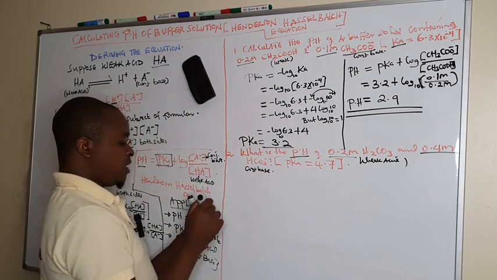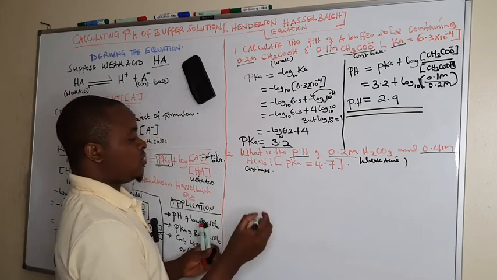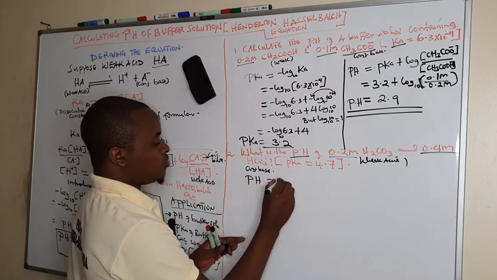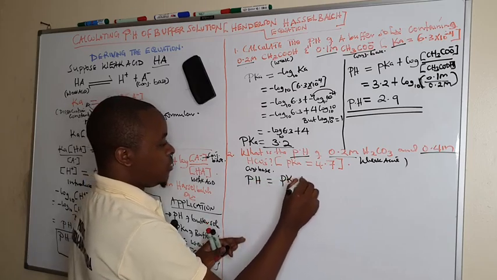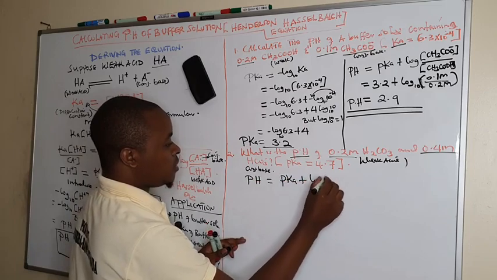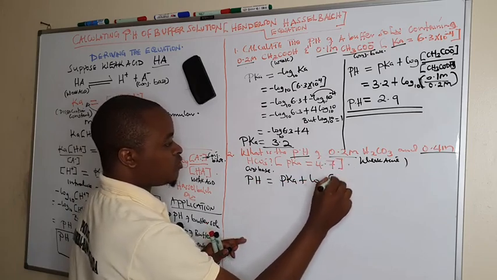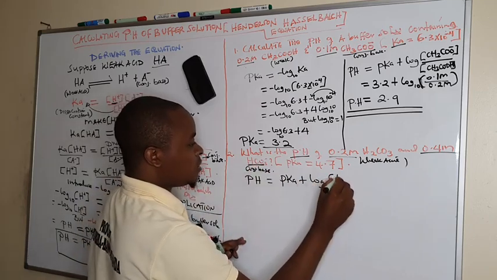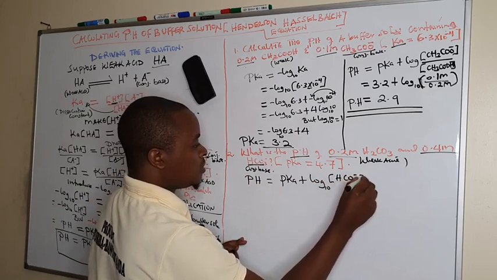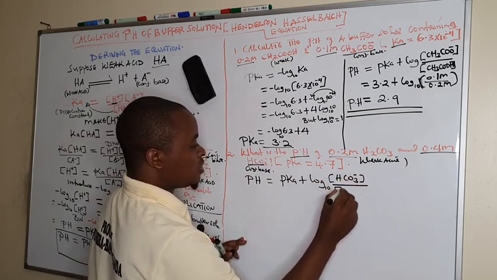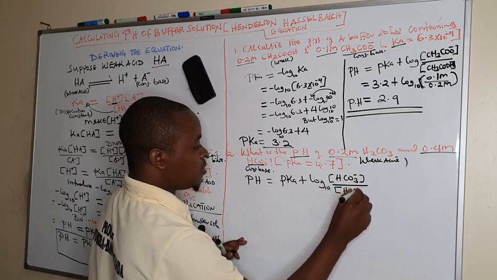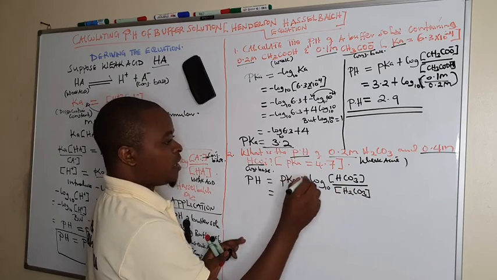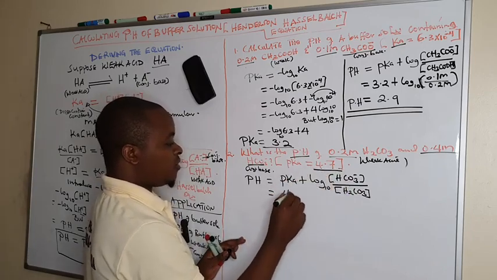From the Henderson Hasselbalch equation, pH is equal to pKa plus log base 10 of the concentration of the conjugate base, which in this case is the carbonate, divided by the concentration of the weak acid, which is carbonic acid. Then the pKa is given as 4.7.